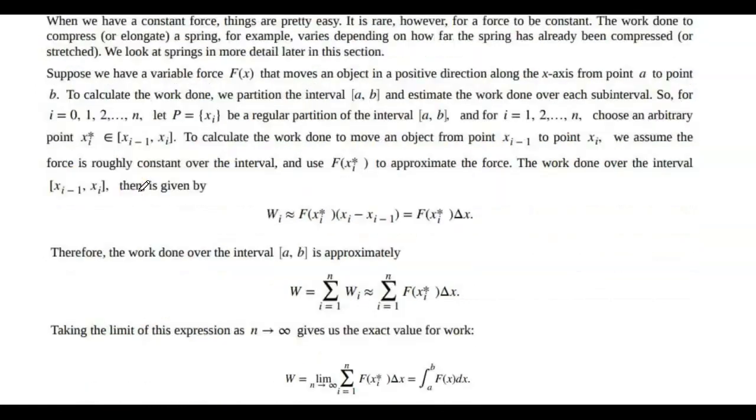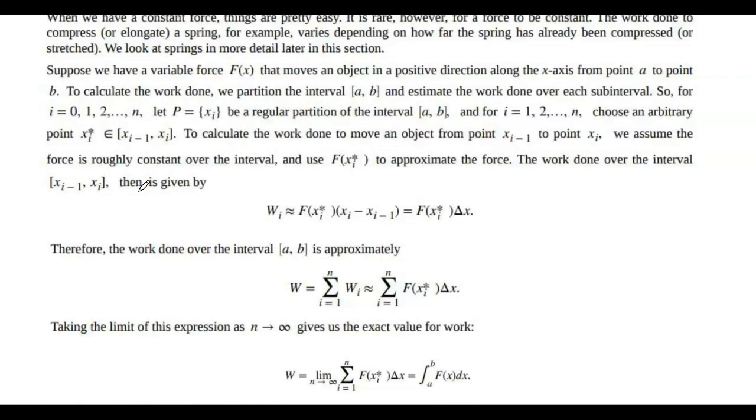So we're going to look at some spring motion in our first example here. Suppose we have a variable force, so not constant, that moves an object in a positive direction along the x-axis from A to point B. So you have some object here at x equals A, and there is a force that moves it to x equals B. To calculate the work done, we might want to look at the subintervals over that time and how much work is done on each subinterval.